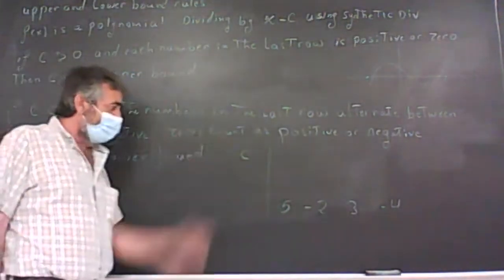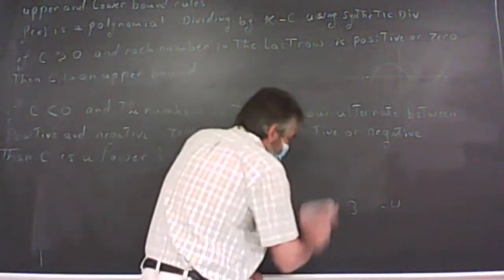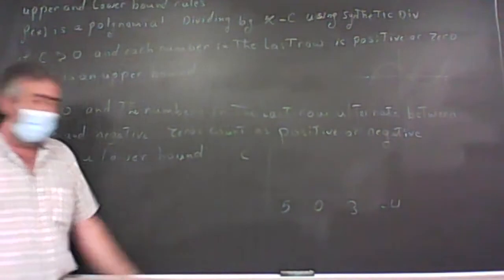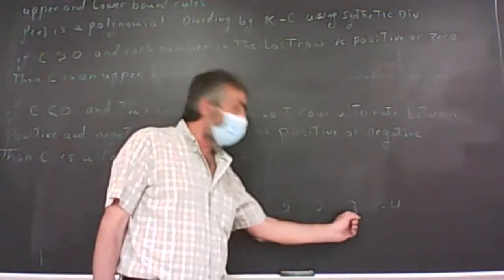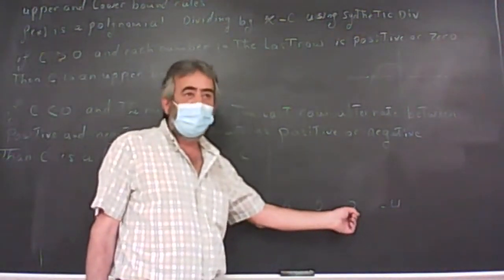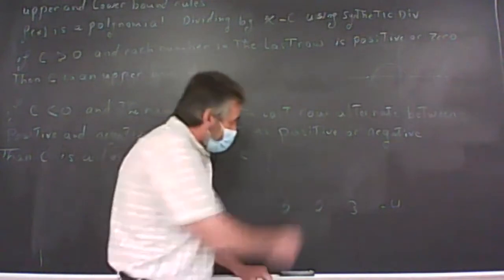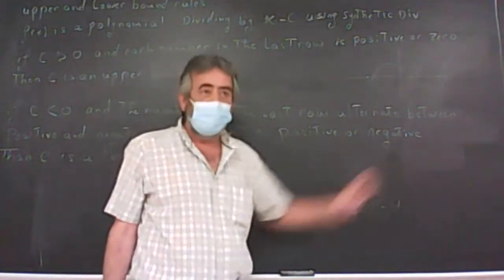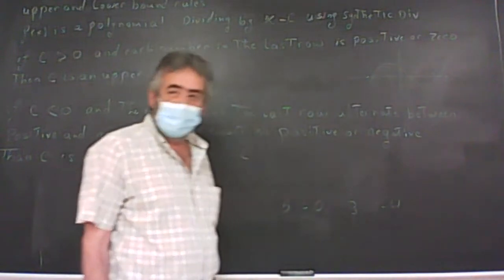Now, what does that mean for 0? For instance, if this happened to be a 0, and we have a positive here and positive here, then I can count this as a negative. So that will give me the alternating sequence.